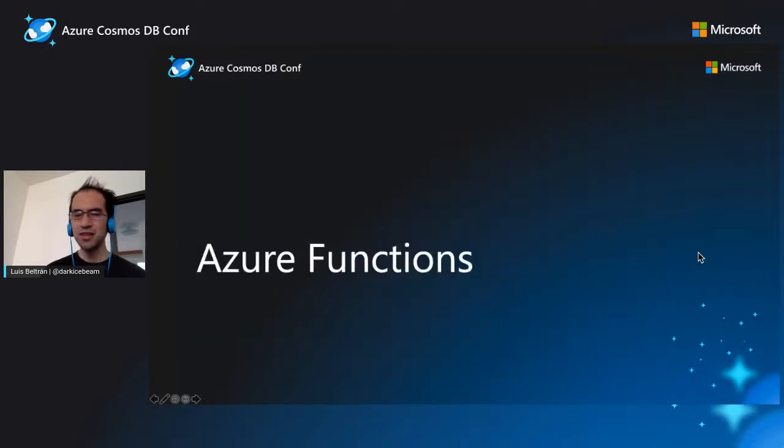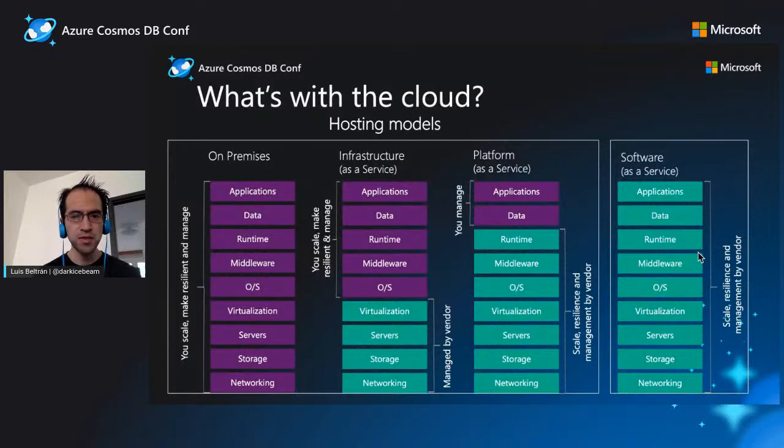So let's get started. You have been learning a lot about Azure Functions and Cosmos DB, so I will go directly to Azure Functions. This is the classic model, or hosting models, that we have learned about the cloud.